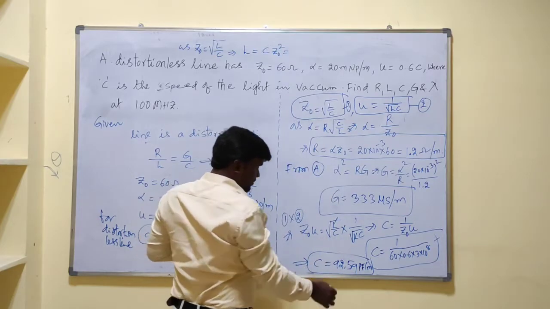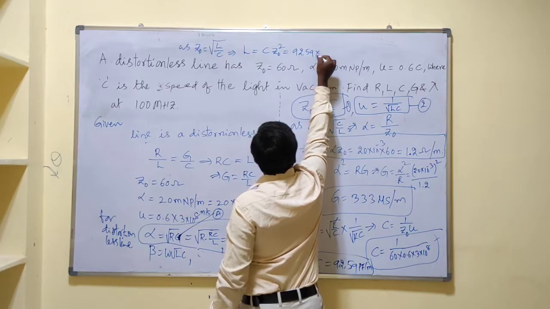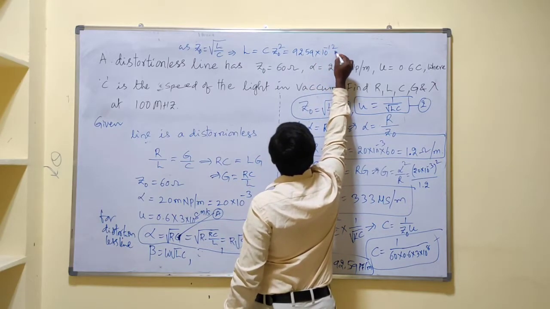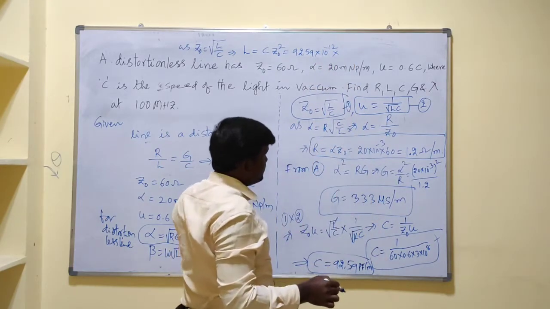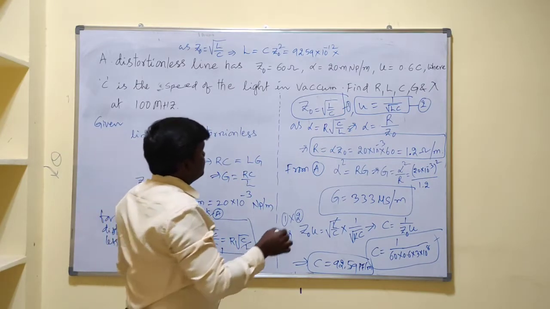As we determined C value as 92.59 picofarad per meter, that is 10 to the power minus 12 into Z naught square. Z naught value is given as 60.